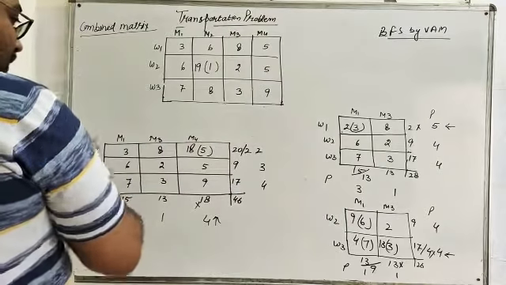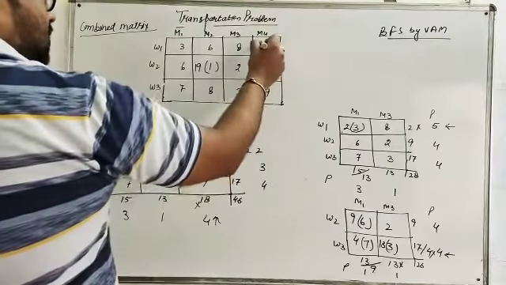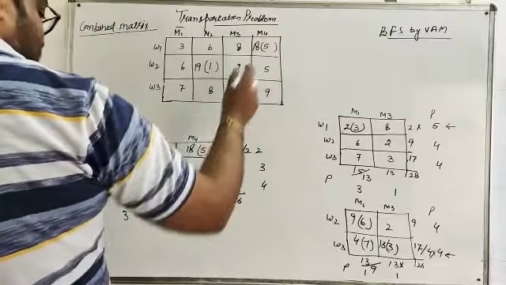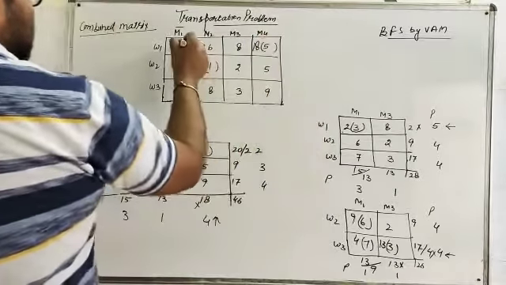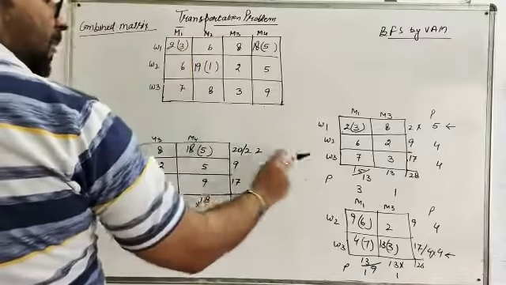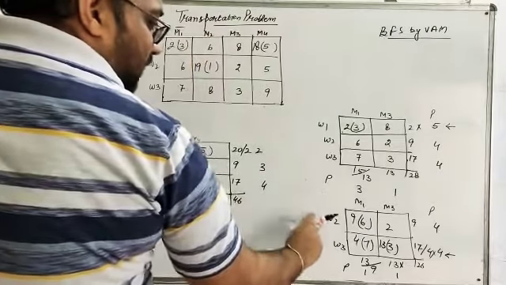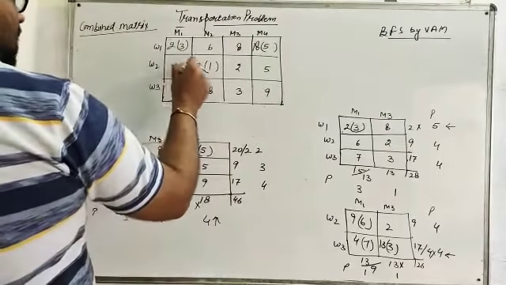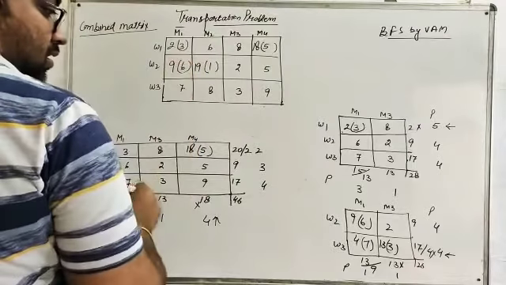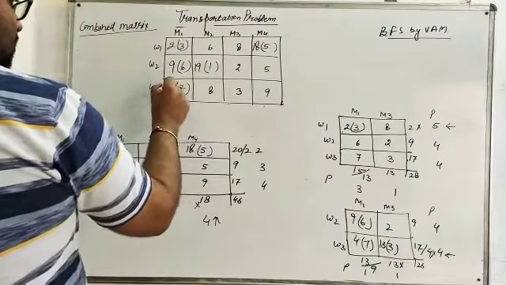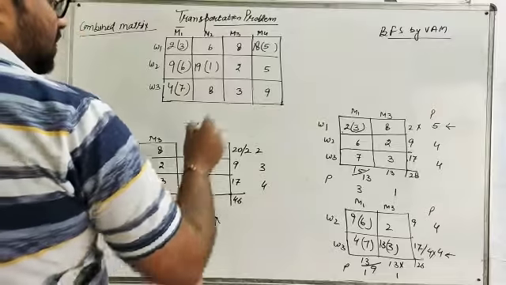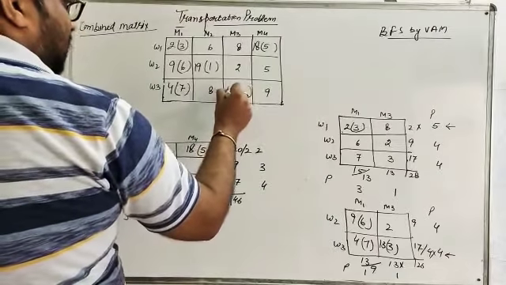So W1 M4 is 18, that is add this 5. W1 M1 is 2, with cost 3, and W2 M1 is 9, W3 M1 is 4 and W3 M3 is 13.